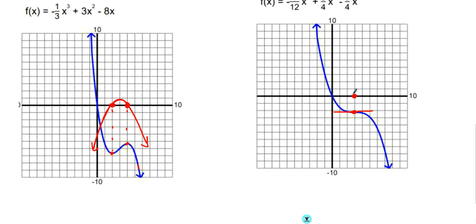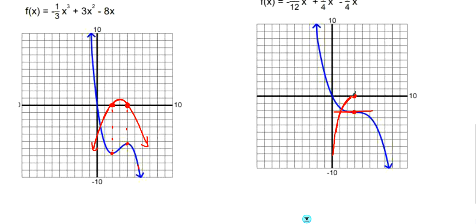Now, on this side, my function is decreasing, which means my derivative is negative, so it goes down. On the right side of this horizontal tangent, it's still decreasing, which means it's still negative.